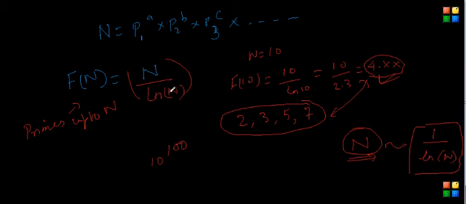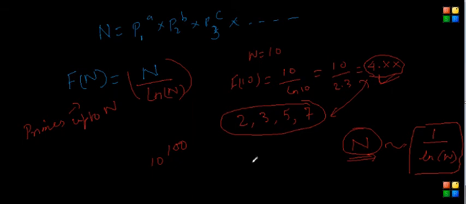Why can I say that? Because the number of primes, as expected, would be somewhere near this value of f of n, which is n by ln n, and I divide it by the total number of numbers, which is n. So the probability will be 1 by ln n.